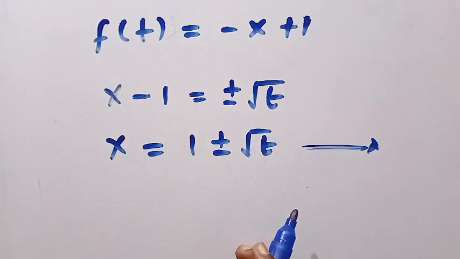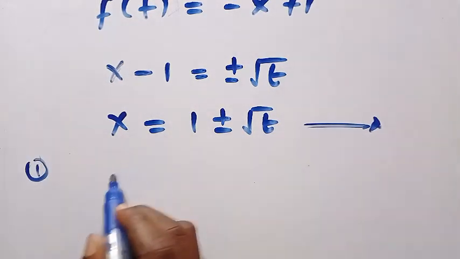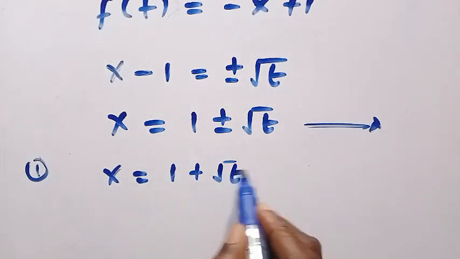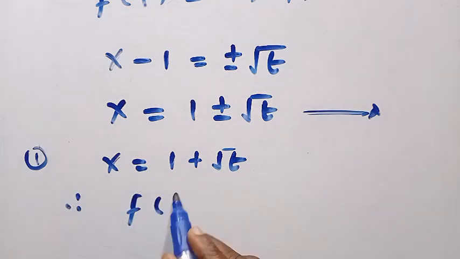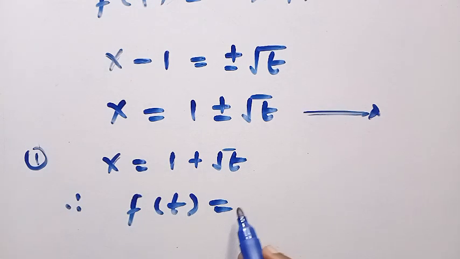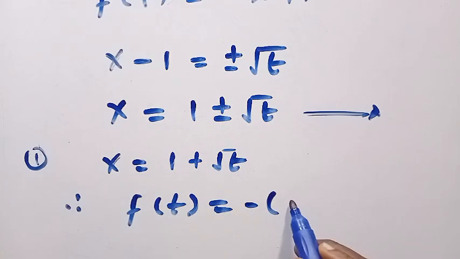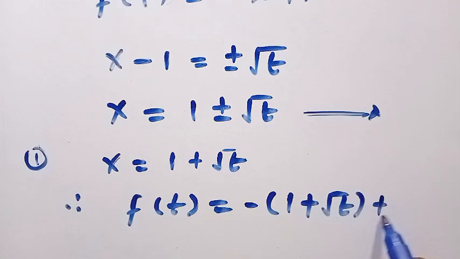So now let's compute f of t. In the first one, suppose our x equals 1 plus root t. Therefore, our f of t will equal, instead of x, minus open bracket 1 plus root t, then plus 1.